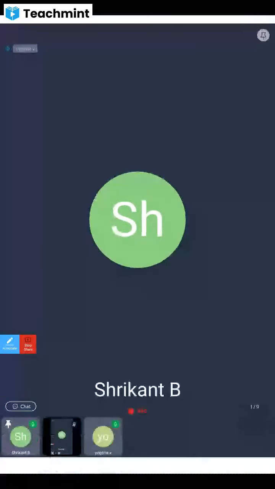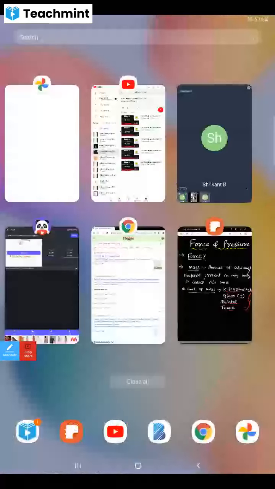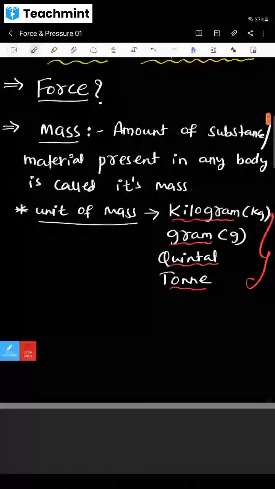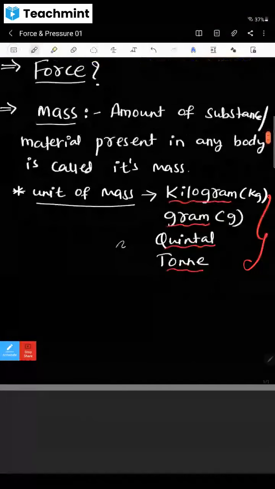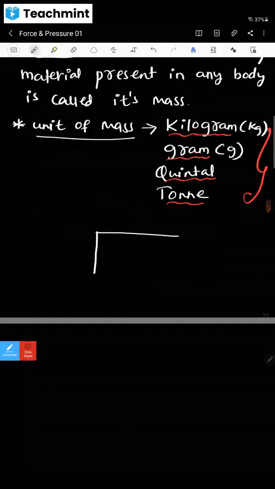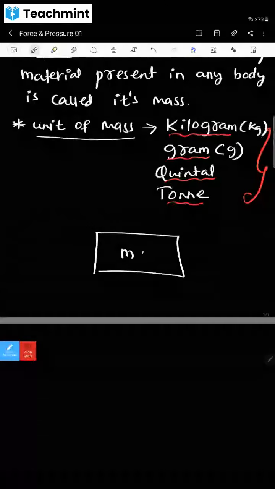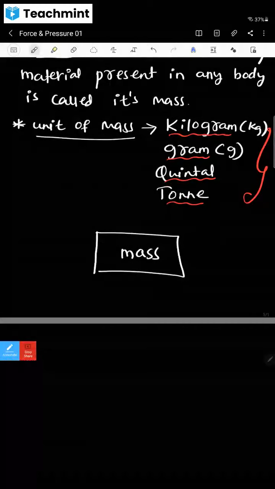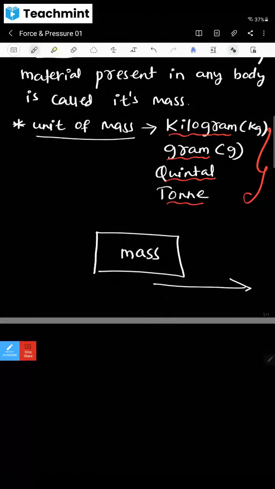Carrying forward, we got to know about the unit of mass. Now, for example, I have a body here, and this body has some mass. I want to move this body in this direction.